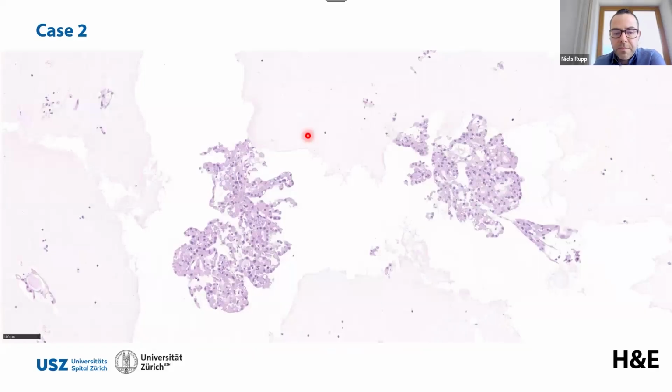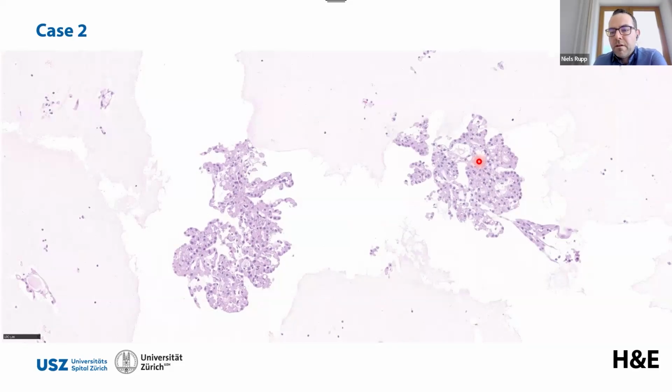And also in the cell block specimen, which you can see here, you can appreciate that there's lots of cytoplasmic vacuolization, and maybe there's some hobnailing. So this is certainly some unusual morphology, which is usually not seen in a conventional PA.